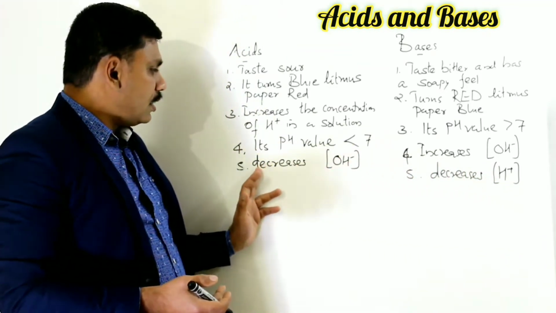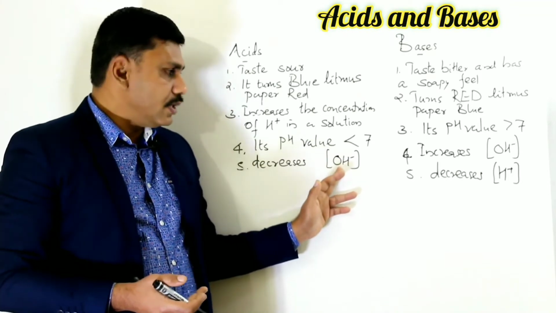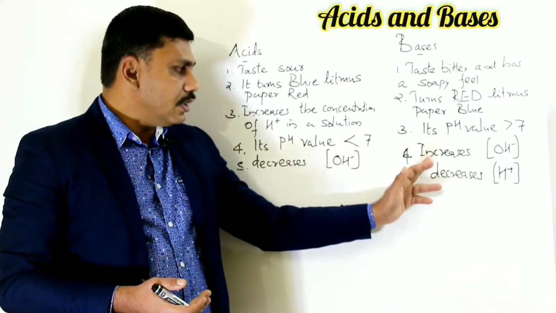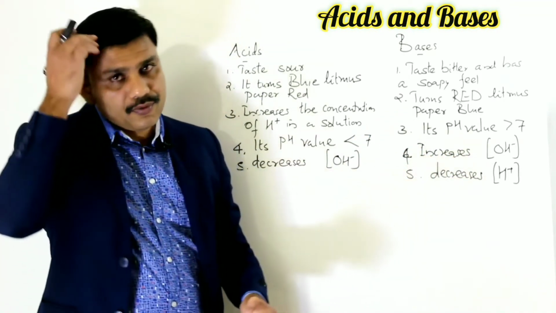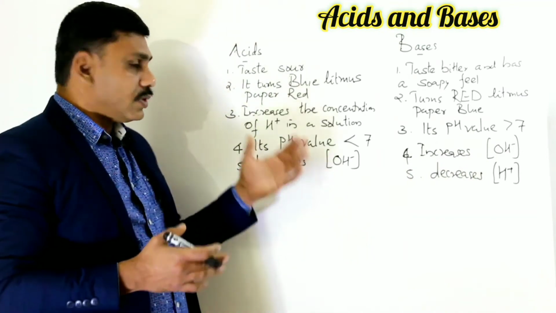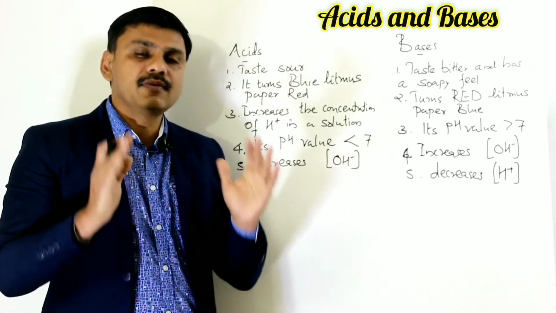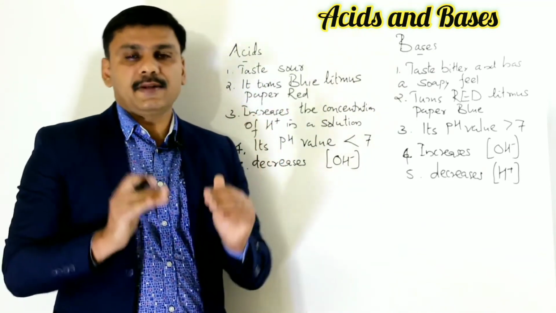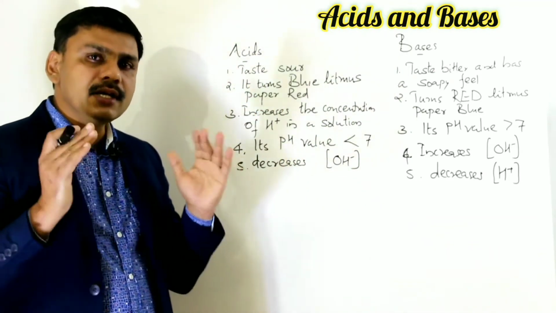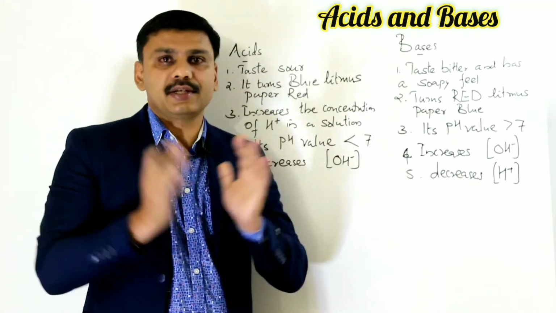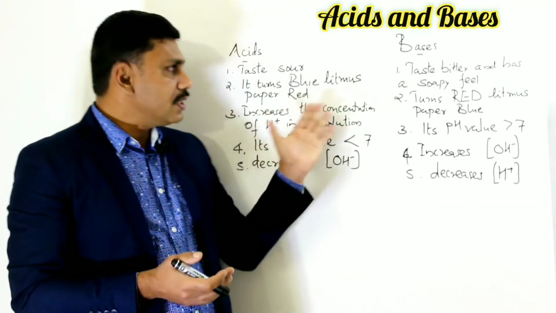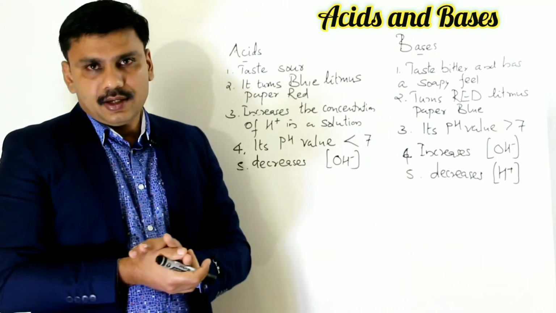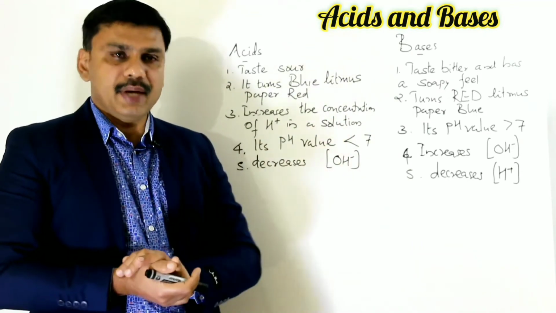Here it decreases the concentration of OH minus ion, here it increases the concentration of OH minus. So acid means it will increase the concentration of H plus or H3O plus. Base means it will increase the concentration of OH minus ion. So these are some basic concepts related to acids and bases.